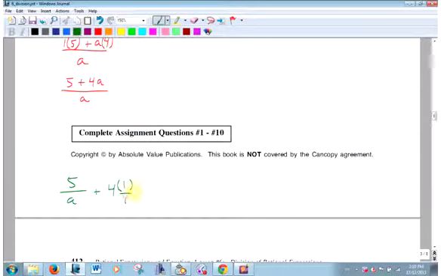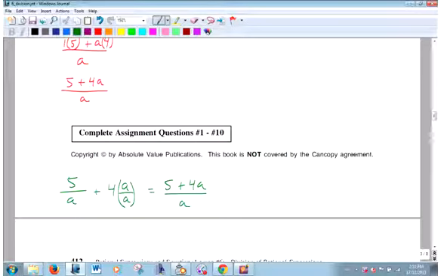Can I still multiply it by 1? Yes, of course. Can I still multiply it by 1? Yeah. But now I have a common denominator, and I would just add them straight across. 5 plus 4a over a.